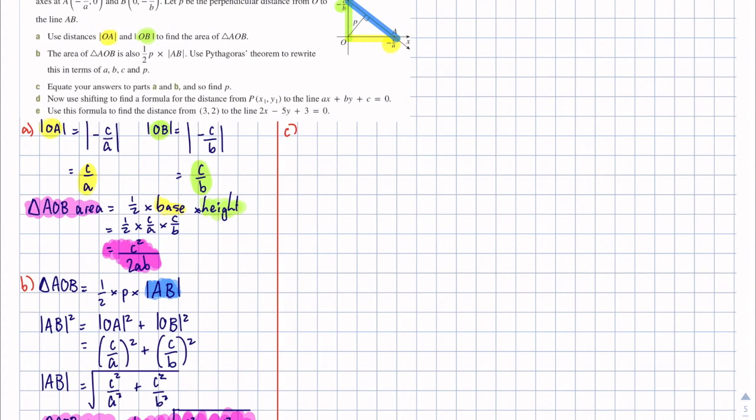I'll do that in a smaller kind of thing because at the moment I feel like it's dominating. Which means I can say that, well, C squared over 2AB equals half times P times the square root of C squared over A squared plus C squared over B squared.